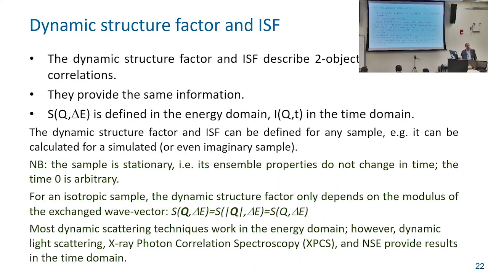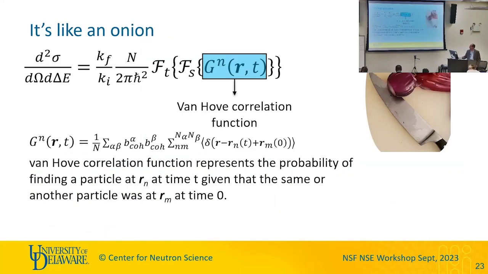Sometimes that's our name. So now we are going to get a little bit into the detail. This function that describes the sample in real time and space is called the Van Hove correlation function.